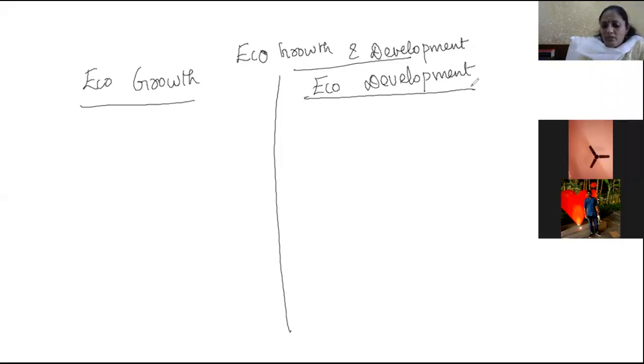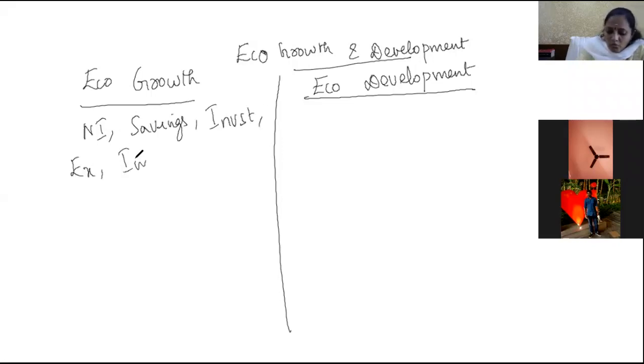Whatever we have studied so far in the first chapter, what have we studied? We have studied national income. I'm going to write all the keywords we studied in the first class. We know what national income is by now. We know what savings is. We know what investment is, and what we call exports, imports, taxes, the government's expenditure, right?